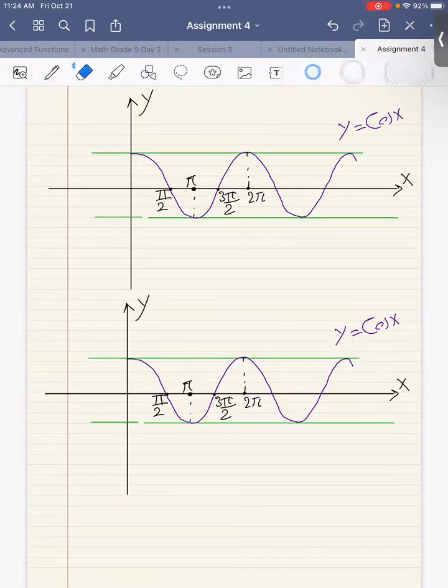It's a stretch, so the only thing that changes is these points. So what is the first x-intercept? Tell me, at what point is cosine of pi over 4 times x equal to 0?